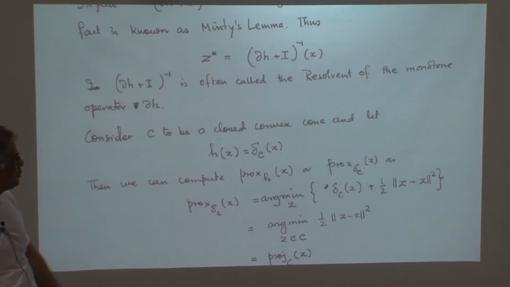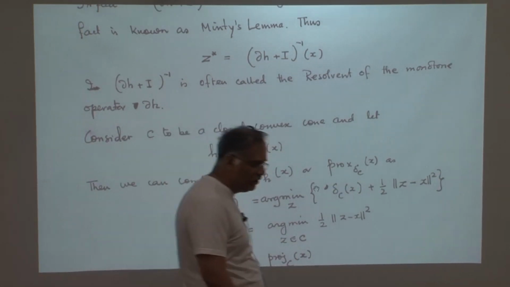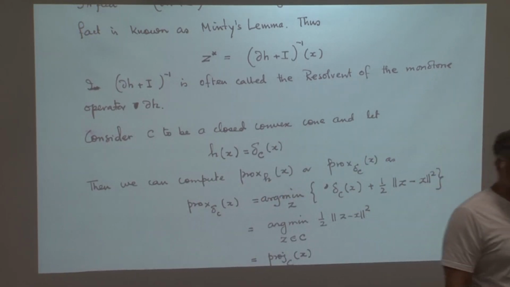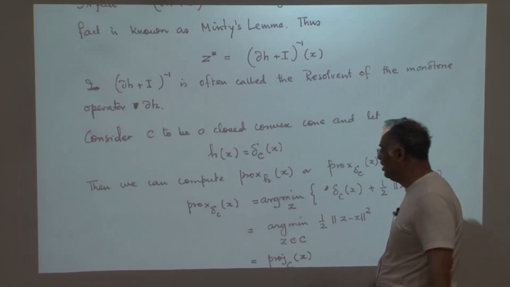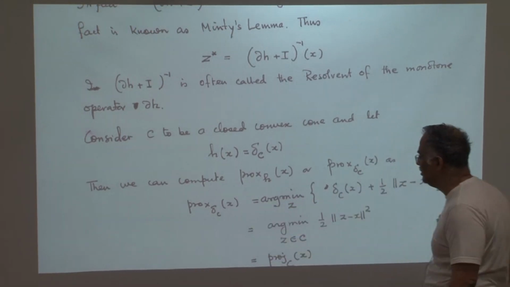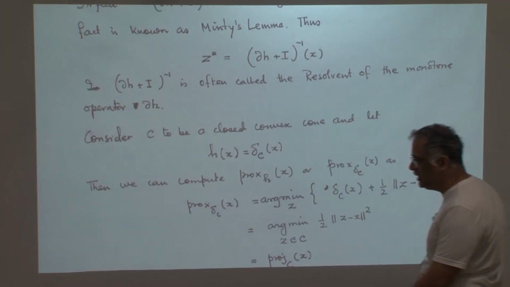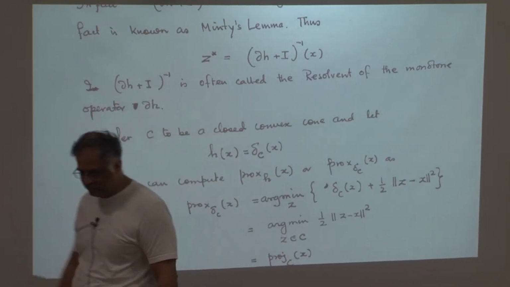Now, let us consider H to be the indicator function, which you already know is 0 when x is in C and is plus infinity when x is not in C. And then let us try to compute the proximal map of this. So if I try to compute the proximal map of this, what would happen?